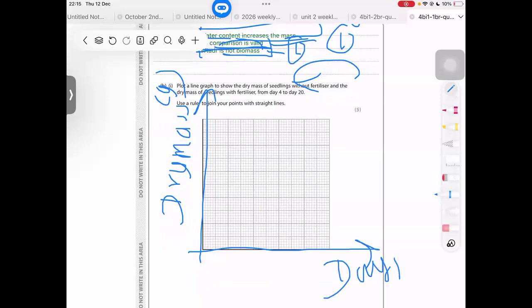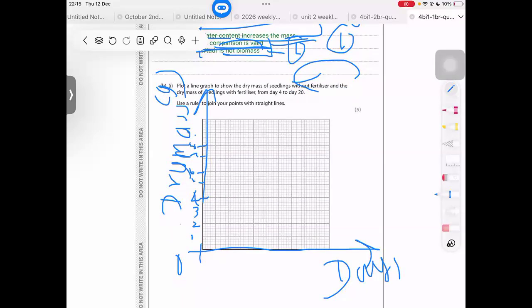And then you can draw it like this: 0, 1, 2, 3, 4, 5, 6, 7, 8, 9, likewise.